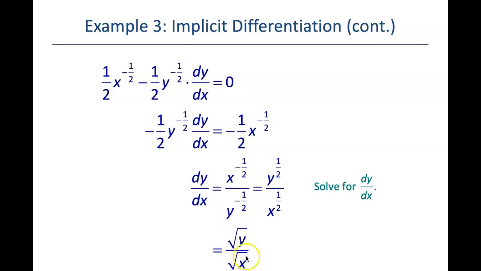And to make it nice and neat, fewer symbols, the better. So we write it as radicals, square root of y over square root of x. Or if you really want to simplify, we want to write it in as few symbols as possible, we can do a single radical with the fraction underneath it. So both are fine.